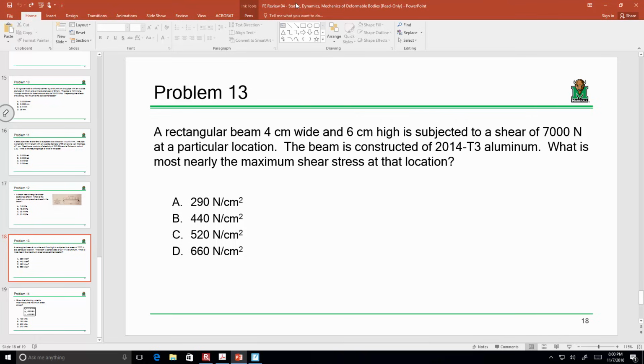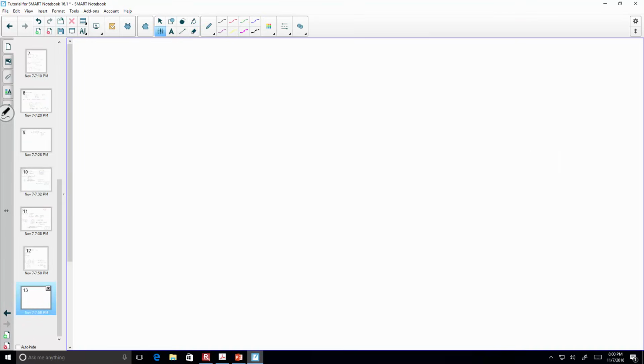Does anybody remember that formula? Transverse shear stress? Page 82 if you don't remember. There you go.